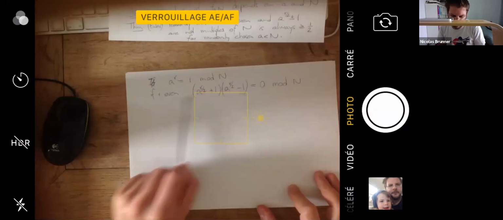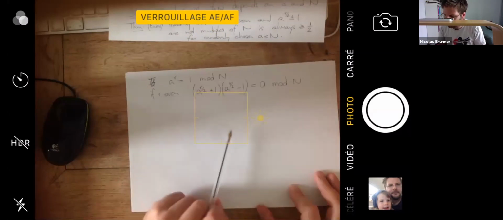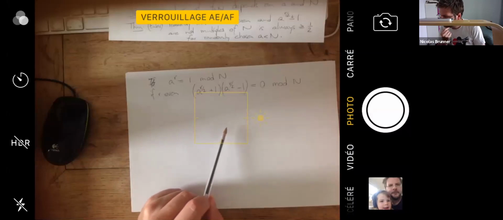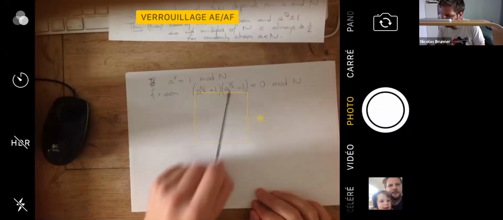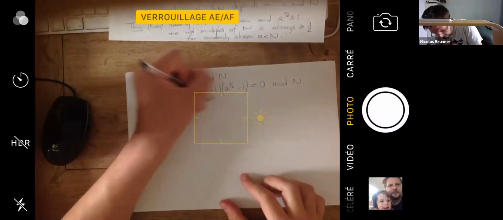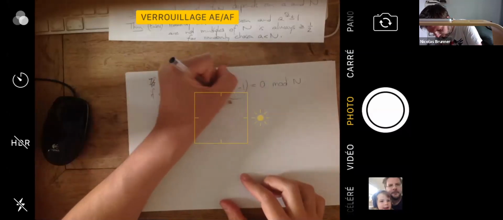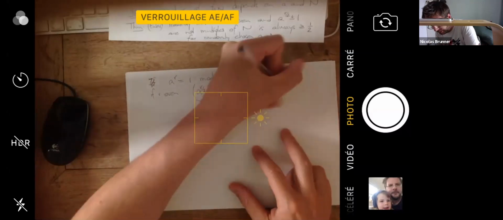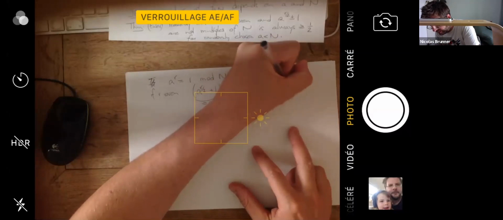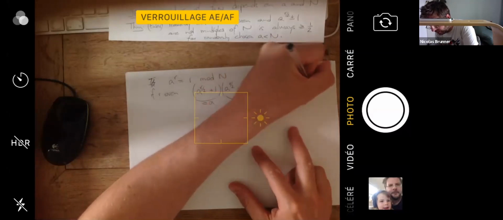I ask that R is even, then I have actual integers here. So let me call these alpha and this beta. So I know that n divides the product alpha beta.